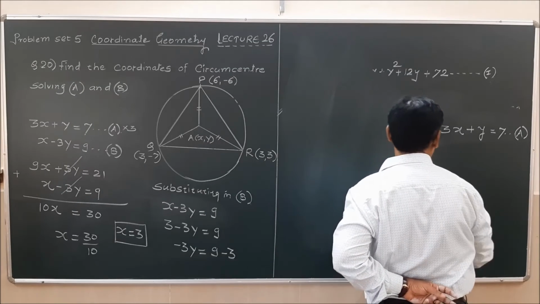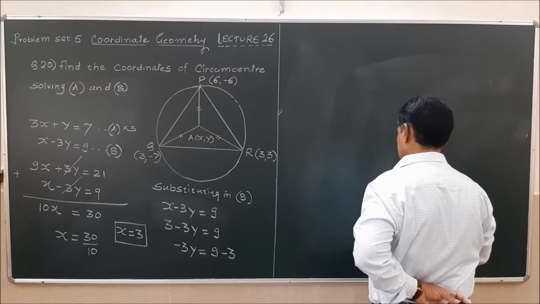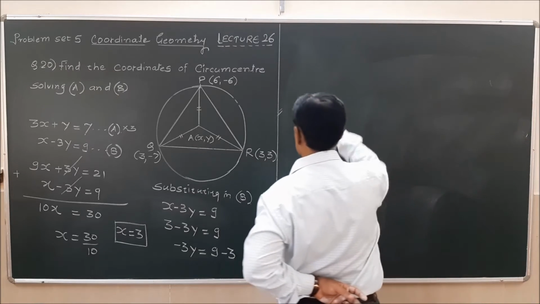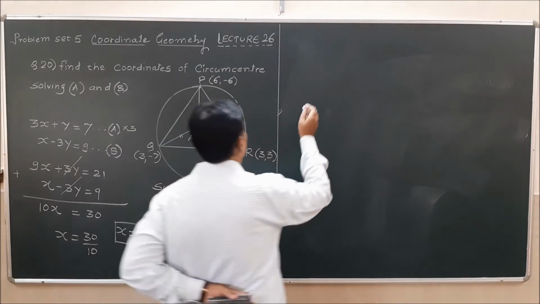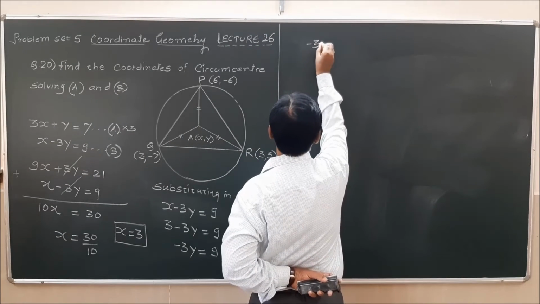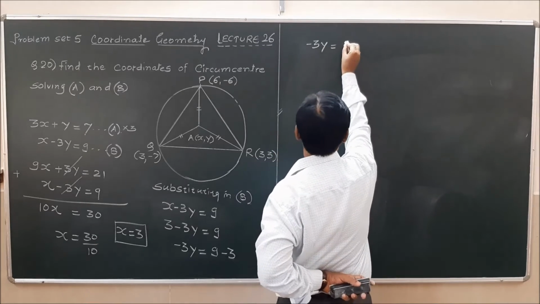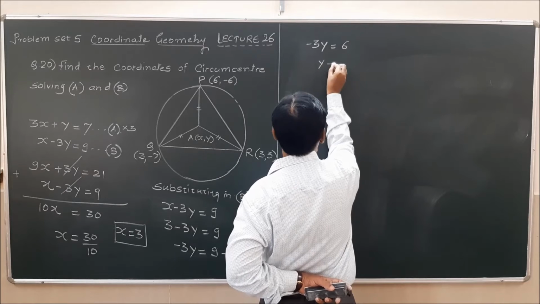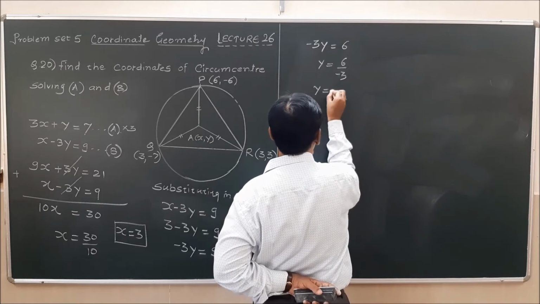I hope that I have taken the first result A in a correct manner. I'll check the answer and tell you. So minus 3y is equal to 6, so y is equal to 6 upon minus 3. Therefore y is equal to minus 2.